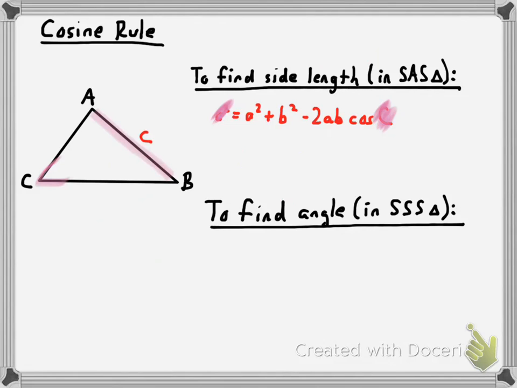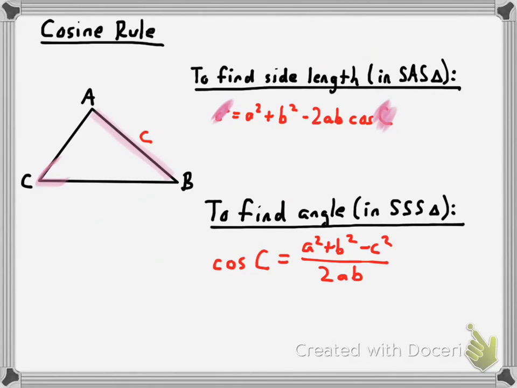Now it turns out that your formula booklet will have this equation, but also it will have this variation of the equation. Whenever you're trying to find a missing angle measure, it's often useful to have this term, the cosine of C, by itself. So algebraically, if you were to get the cosine of C by itself, this equation becomes the cosine of C is equal to a squared plus b squared minus c squared divided by 2ab.